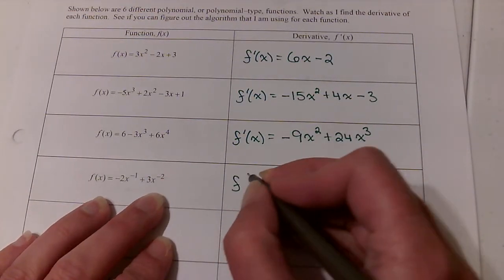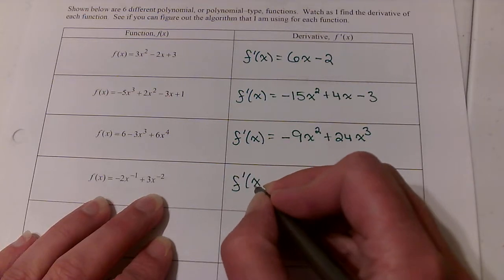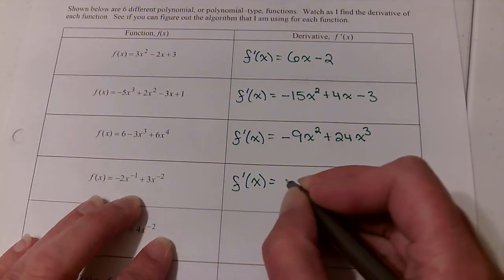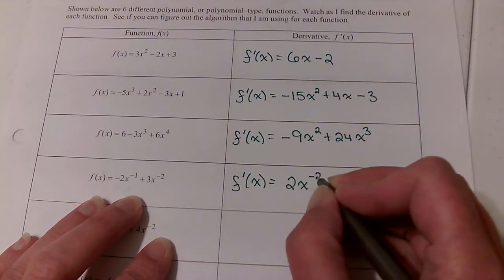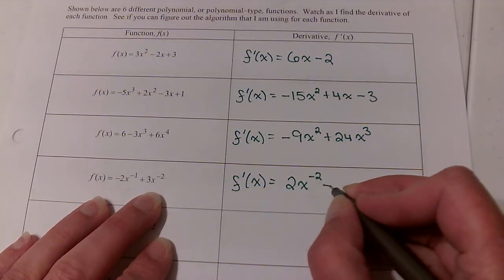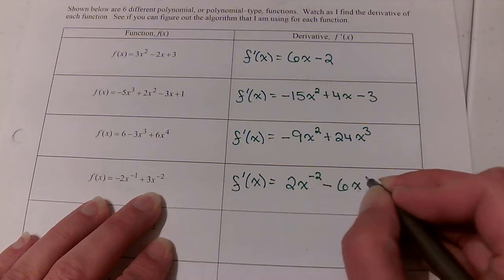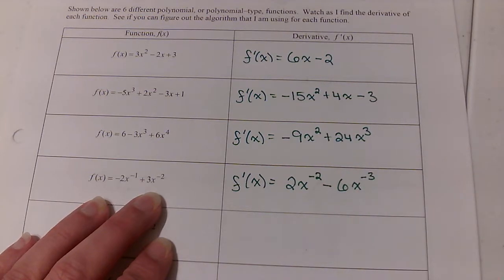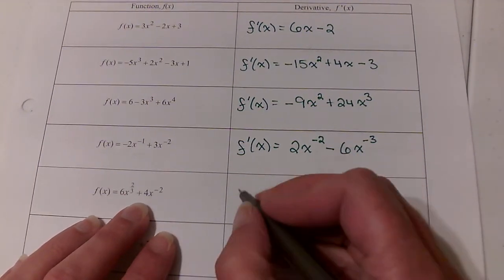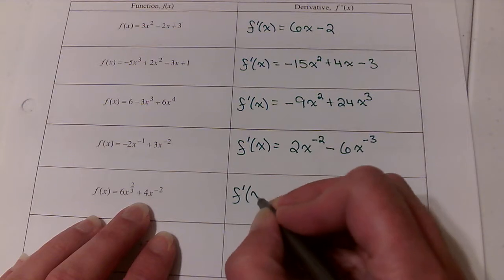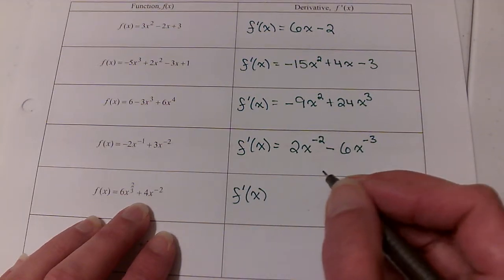Okay, got some negative exponents, but that's okay. That's going to be 2x to the negative 2 minus 6x to the negative 3. Ooh, fractions. Oh, that's all right. I can still do that.